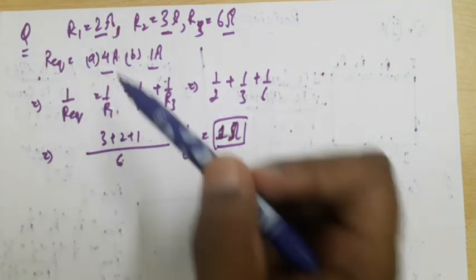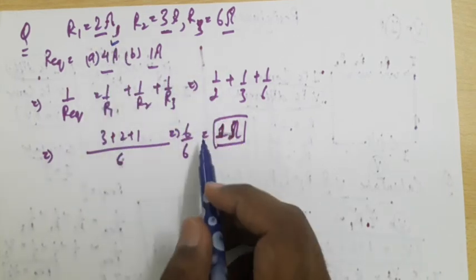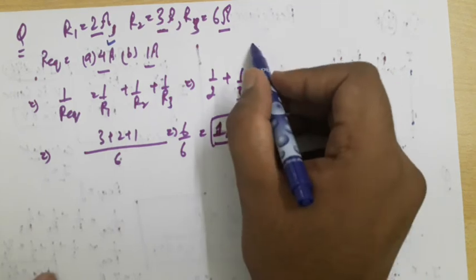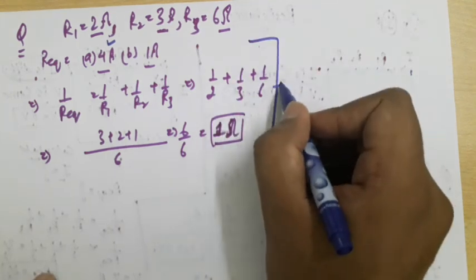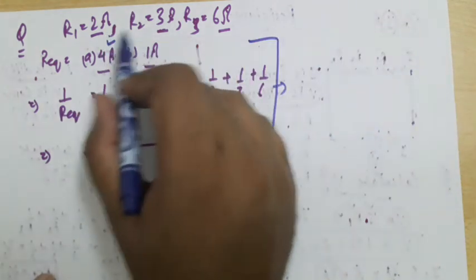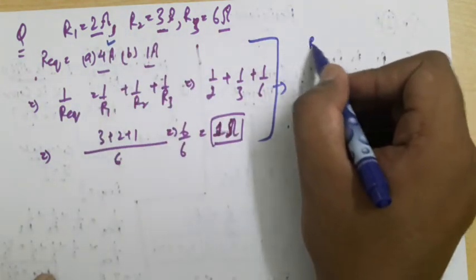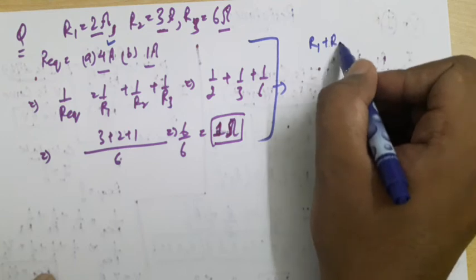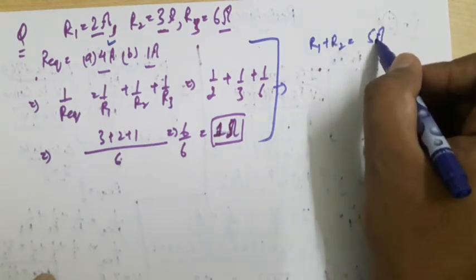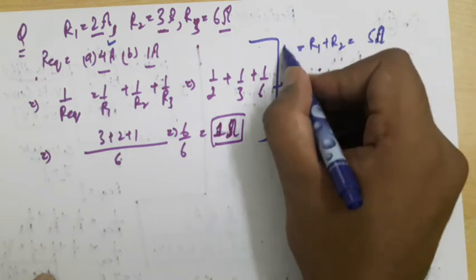But when we have to calculate for 4 ohms, how do we do that? In that case, for instance, I can take the first 2 resistors, R1 and R2, in series. I'll connect them in series, so it becomes 5 ohms, right? Let us call it R dash.